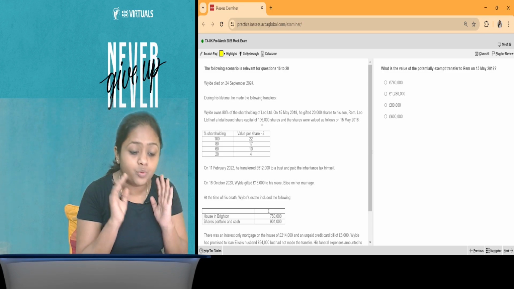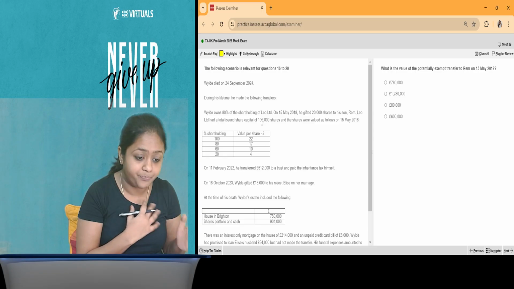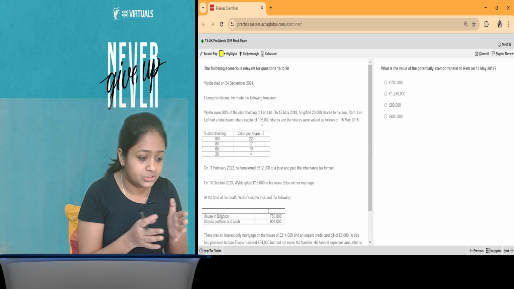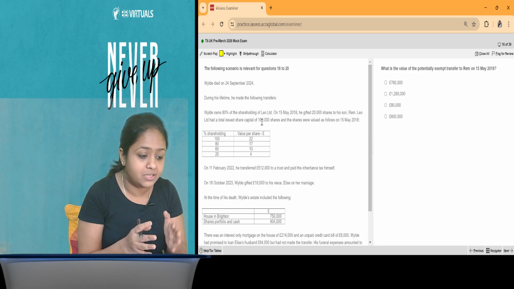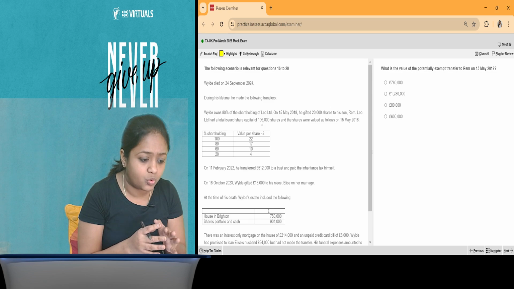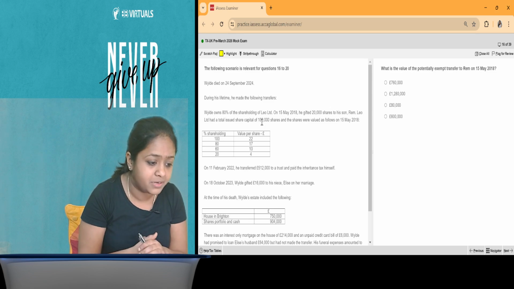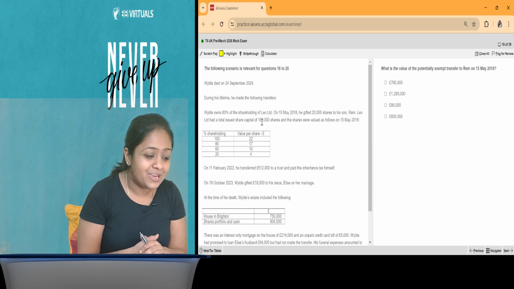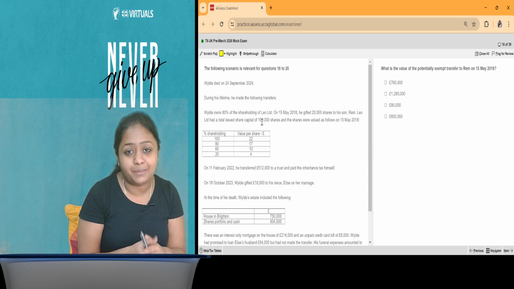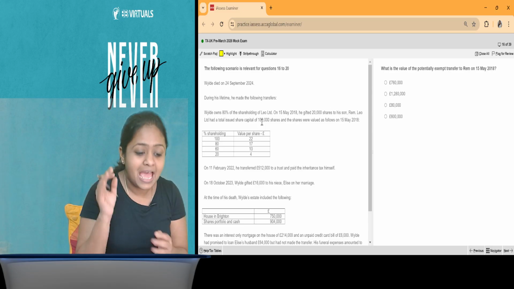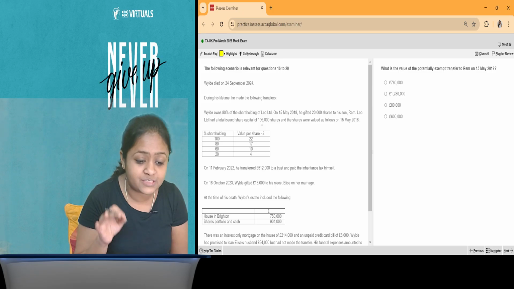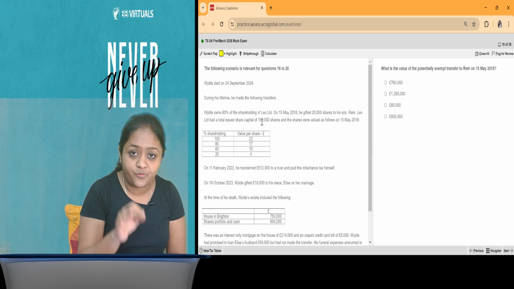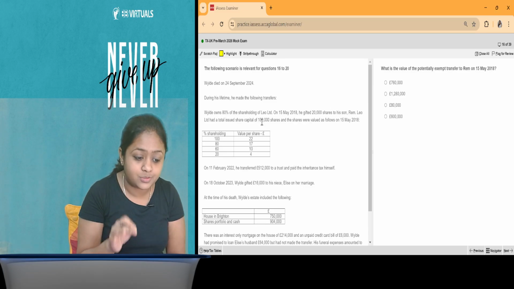He gifted 20,000 shares to his son, whose name is Rem. Leo Limited had a total issued share capital of 100,000 shares and the shares were valued as follows on 15th May 18. Percentage of holding 100, 80, 60, 20.